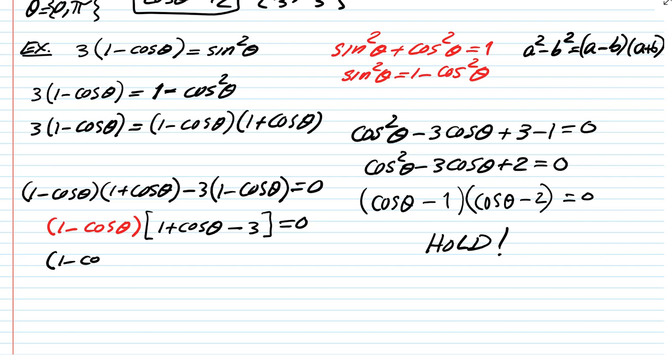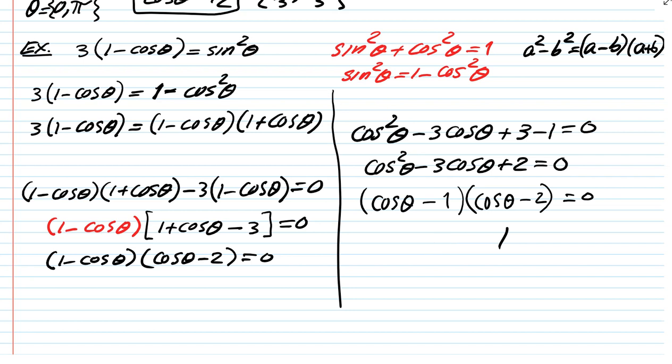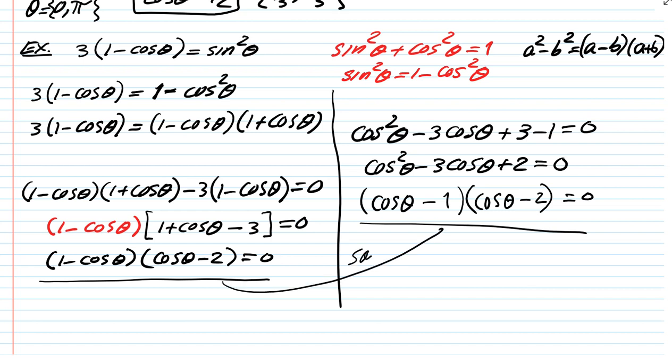Here's my first binomial factor. The second one is cosine theta minus 2 equals 0. So, two ways of doing it, and I'm not saying this was a better way. I just want to show you two ways of doing it. Let me erase my hold. Look at this equation. Look at this one. They're identical. These are the same, aren't they?